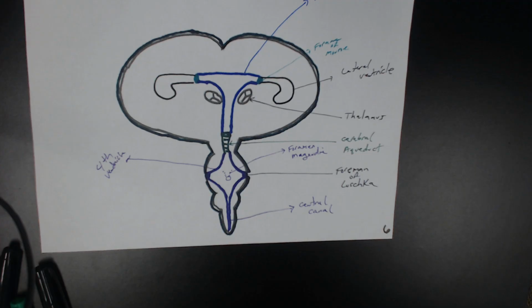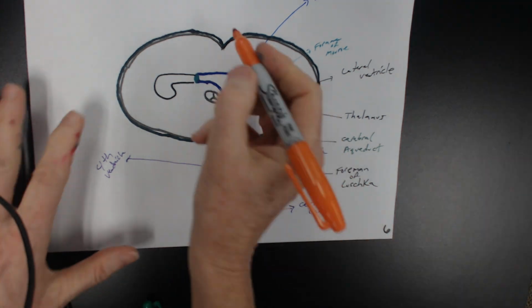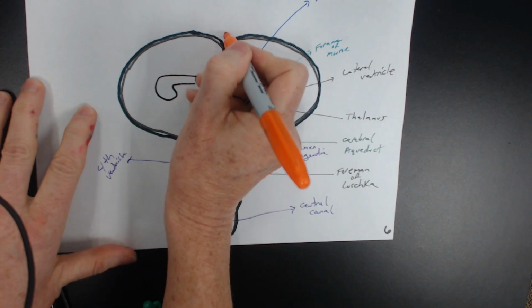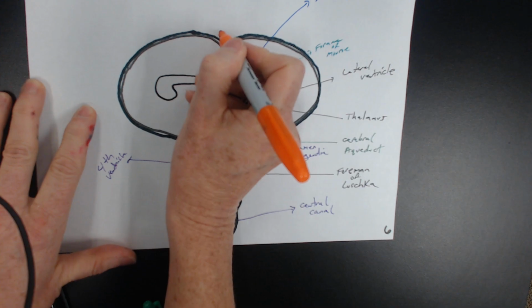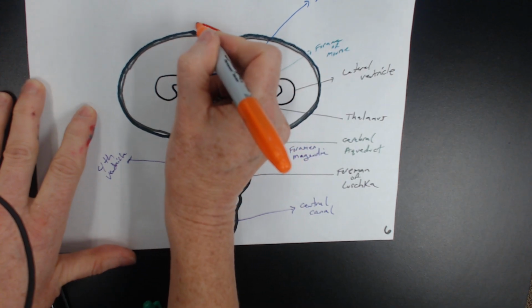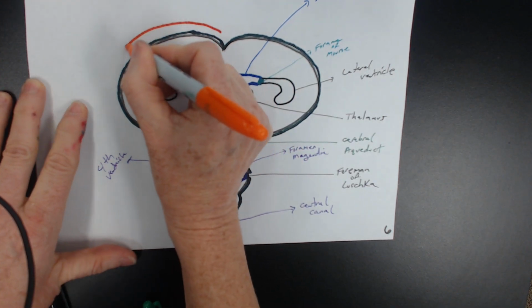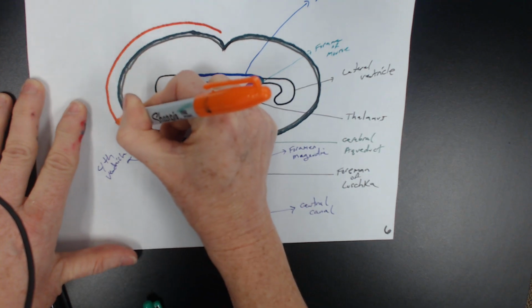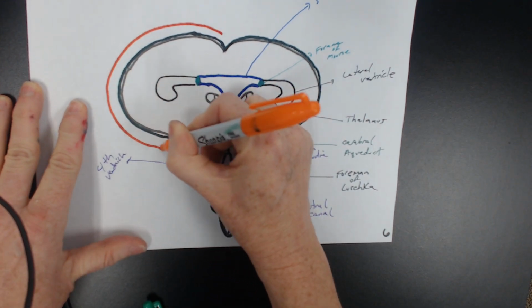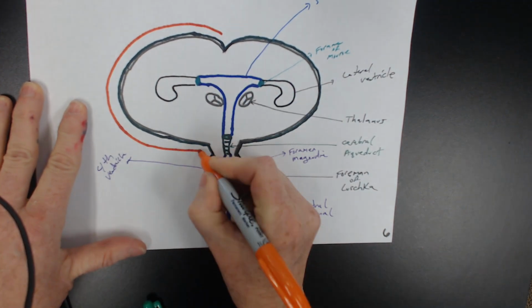Okay, so nothing new. We've seen that before. The next layer up from the pia mater is arachnoid matter. Okay, so remember that arachnoid matter has got some space there. So we're going to have my arachnoid matter here with a little bit of that space. That's your subarachnoid space.